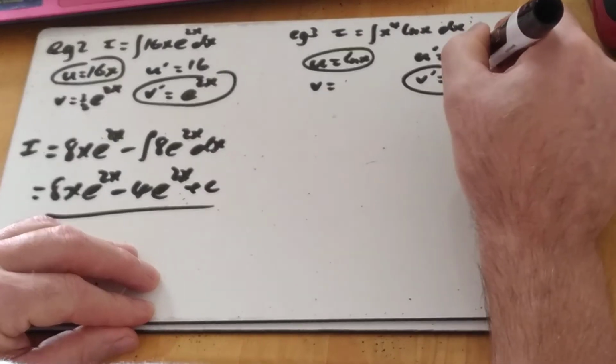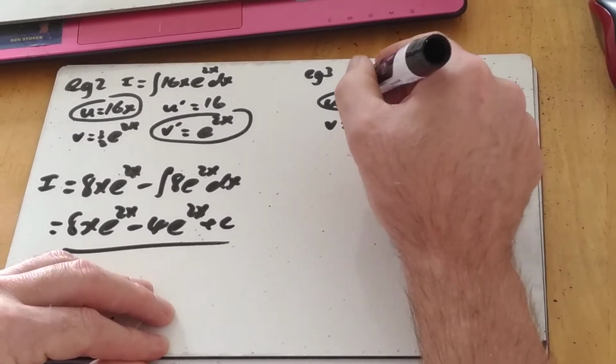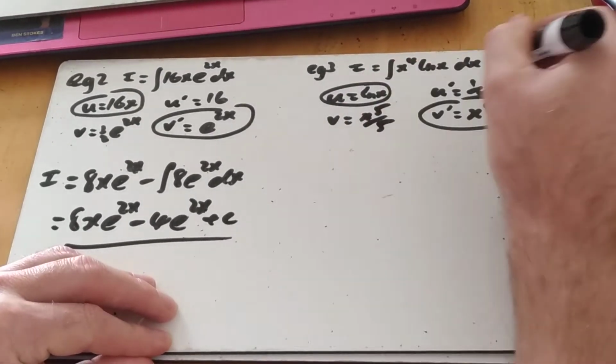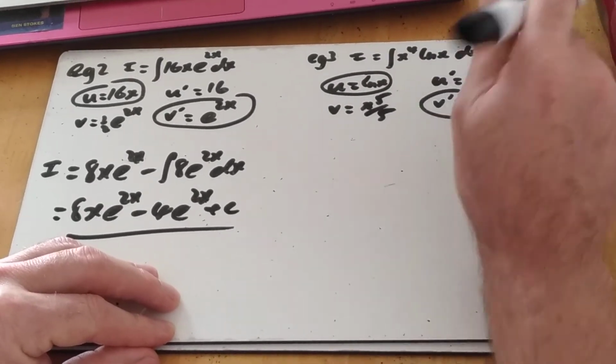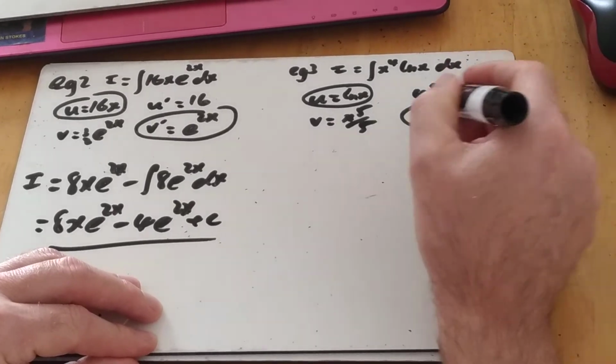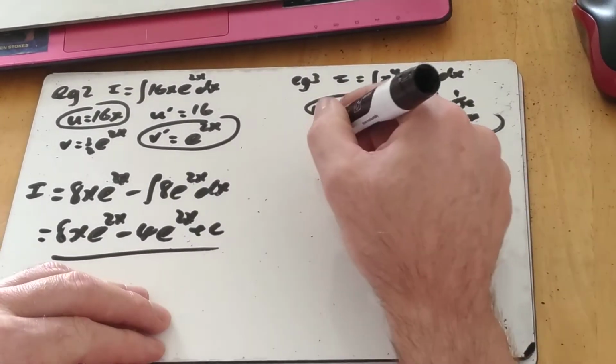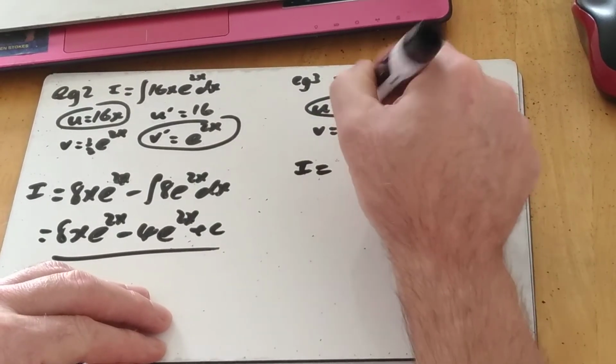So it's unusual that I'm going to integrate the x to the 4, to get x to the 5 over 5, but it does mean that what I'm left with, that times that, is an easier integral to be able to be done. So let's do that times that then.